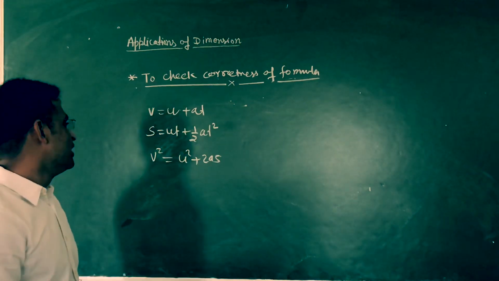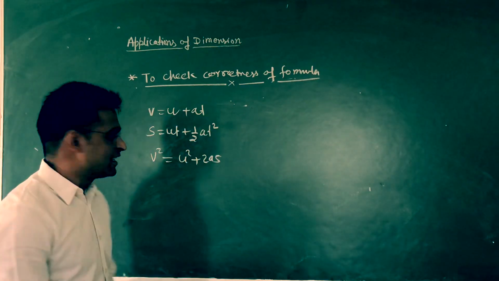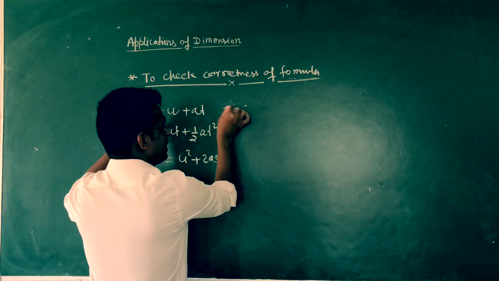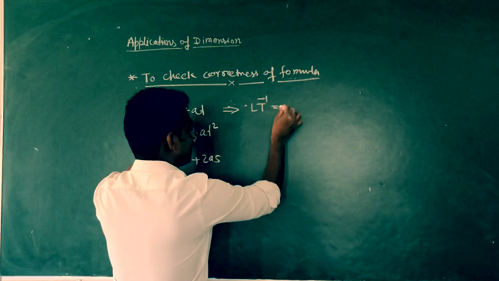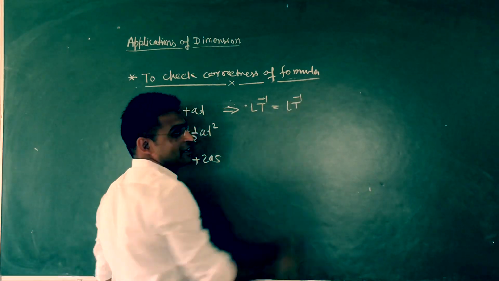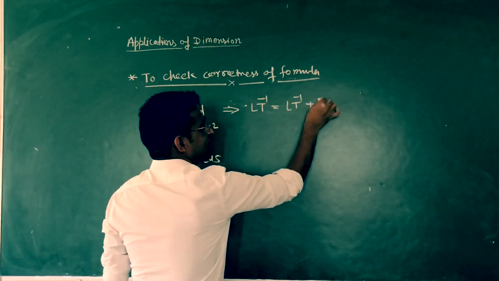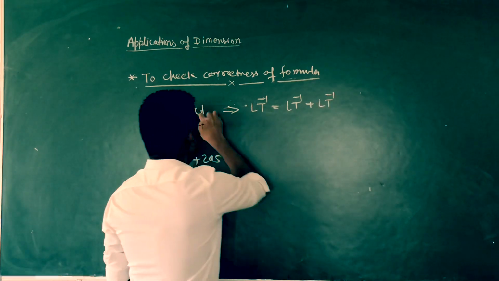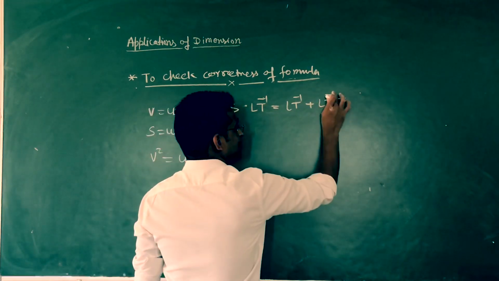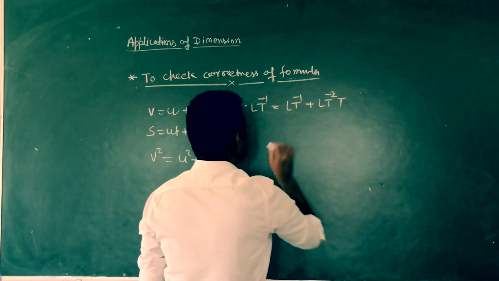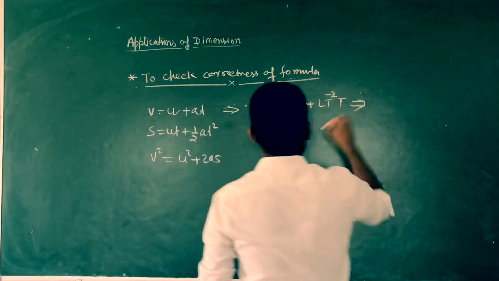So what I'll do is check the left hand side dimension and right hand side dimension. v is velocity, so the left hand side dimension will be LT^-1. Right hand side: the dimension of u is LT^-1, the dimension of a is LT^-2, the dimension of t is T only. So if I solve this, finally what do I get?